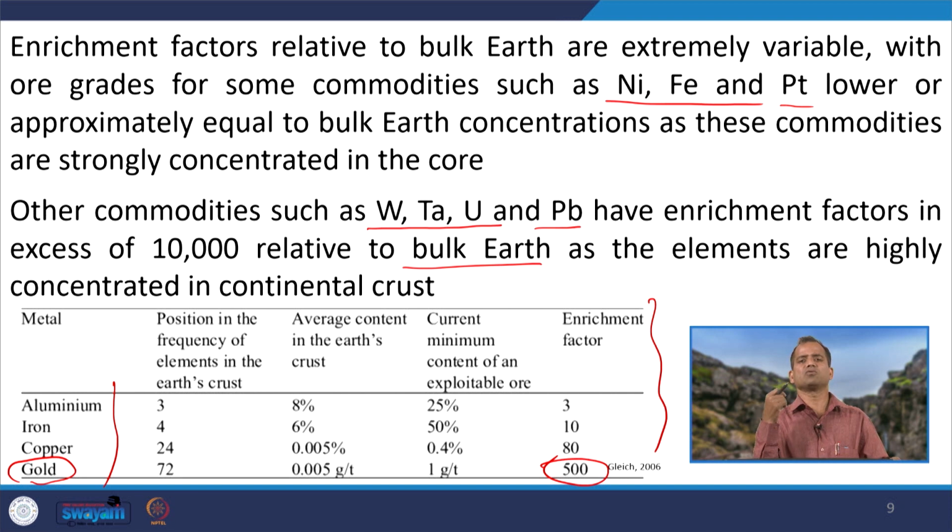Now the question is, who is doing it? Who is making money for us? This is the tectonic process. This is the geological process. The tectonic process in a particular geological area, in a particular geological time and for a particular duration, becomes active. And we need a suitable tectonic environment, a suitable geological environment, for such enrichment.